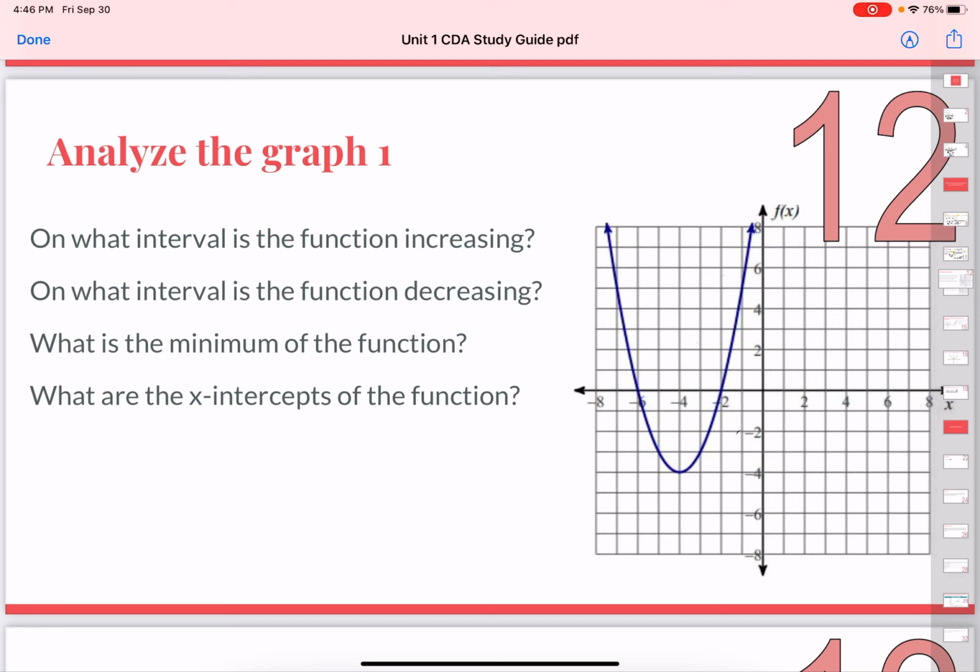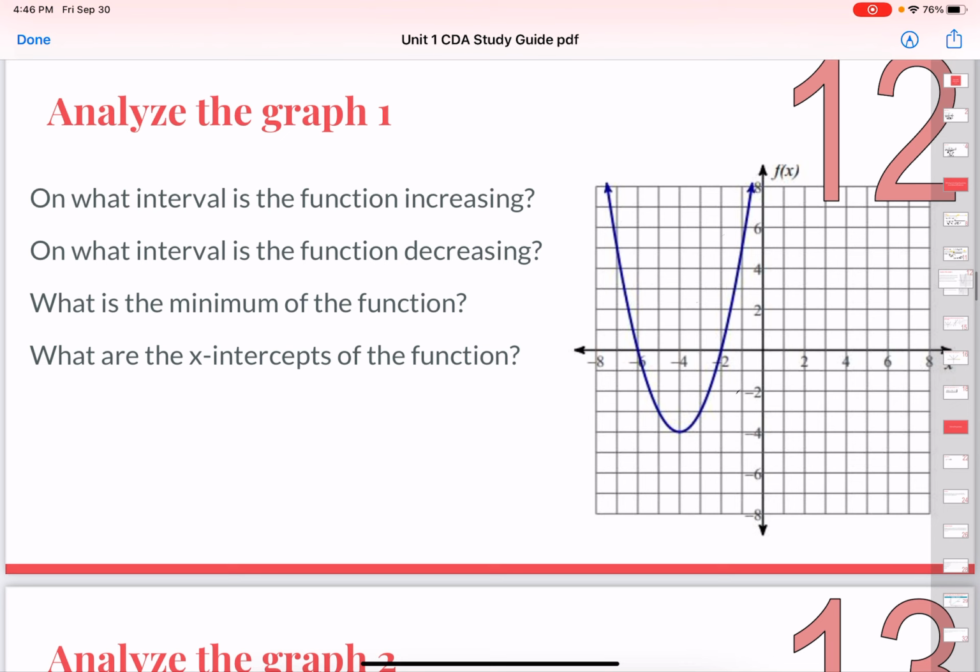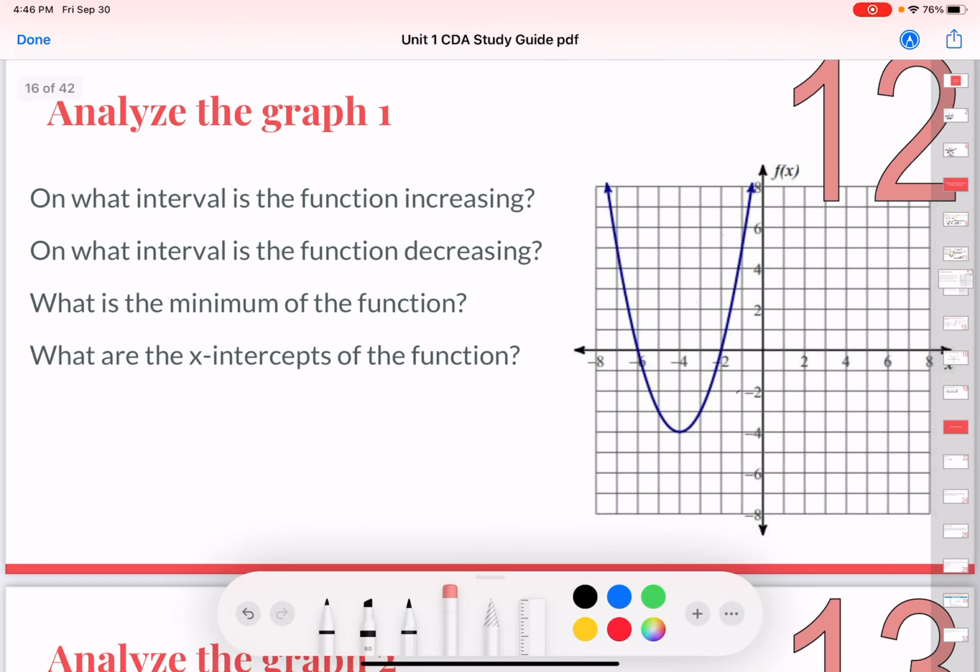So remember, we read graphs from left to right. So starting from this top left corner right here, and then going all the way down to the bottom, I can see we have a minimum value. So right here, the y value is 8, and down here the y value is -4.